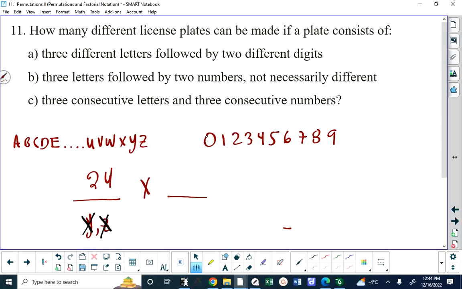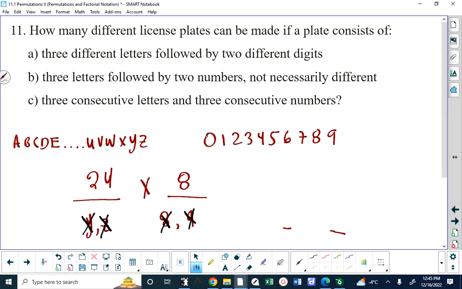So you cannot have an 8, and you cannot have a 9, which means there are only 8 digits that you can choose for that starting digit. So if we multiply 24 by 8, we should get the answer. Okay, good, 192 probably. Yeah.